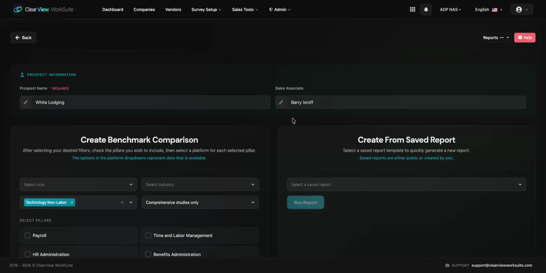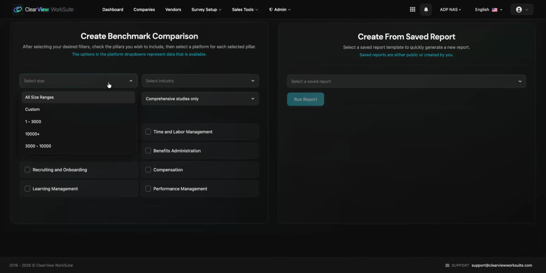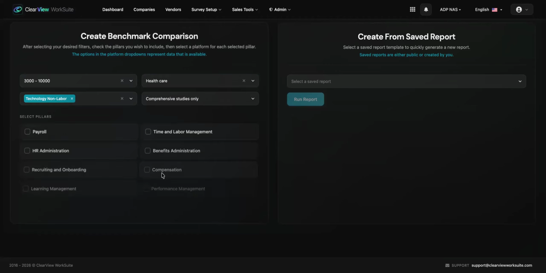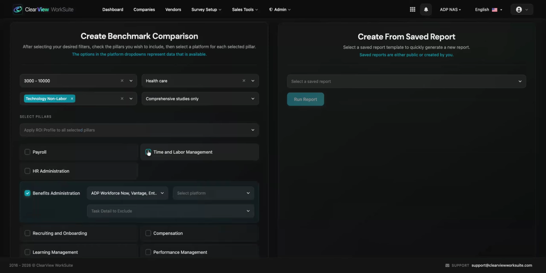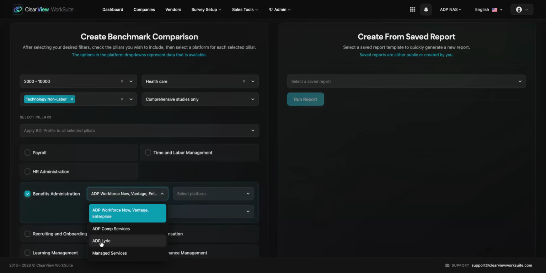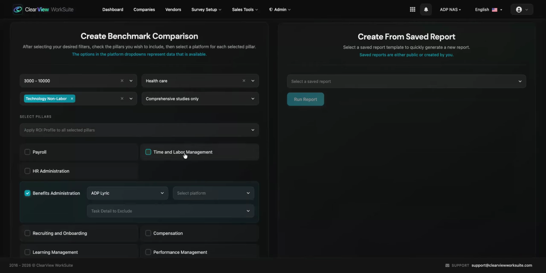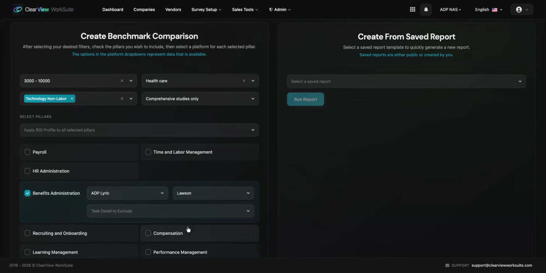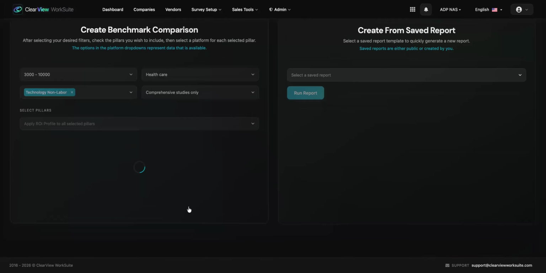This is my name. I'm going to look at companies that are 3 to 10,000 in size. I may want to look at healthcare. And because I'm doing benefits, I'll go ahead and pick that. I'll say that I'm looking at a Lyric implementation and that maybe my current prospect is on Lawson. And we'll go ahead and run that.